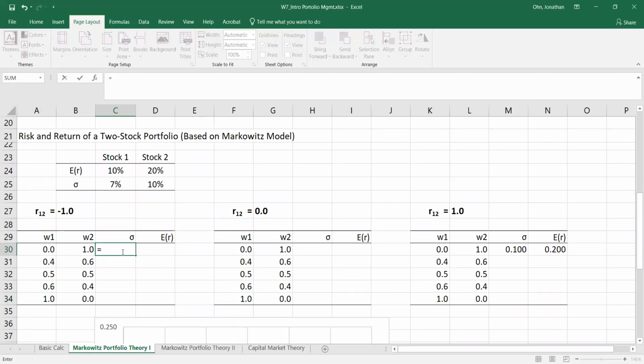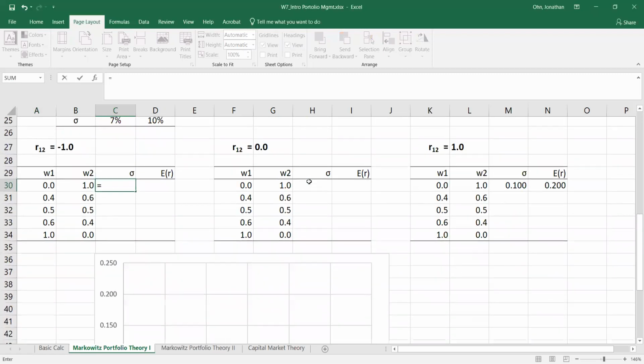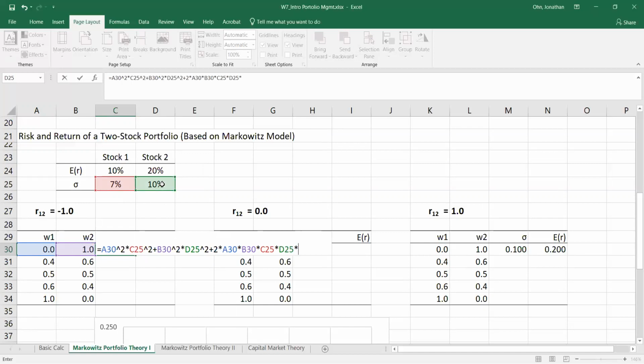W1 squared times the standard deviation of stock 1 squared, plus W2 squared times stock 2 standard deviation squared, plus 2 times W1 times W2 times sigma 1 times sigma 2, the standard deviations, times what?